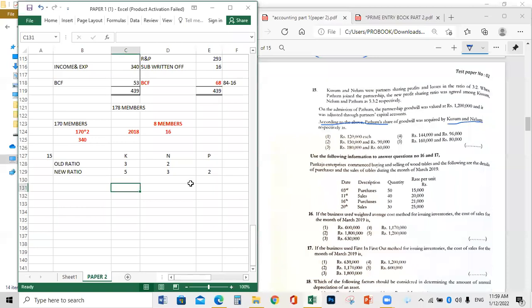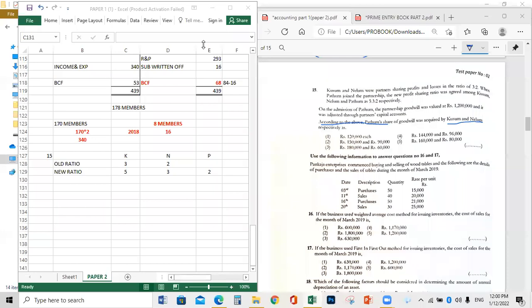Now guys, when there is a new partner, should the new partner sacrifice or does he benefit? Should he sacrifice his capital to the old partners, or does he get benefited? What do you think? Sacrifice or benefit? If you're a new partner, you have to sacrifice to the old partners. You can't benefit because the old partners started the business a long time back. So it's unfair if you get the same profit without sacrificing something.